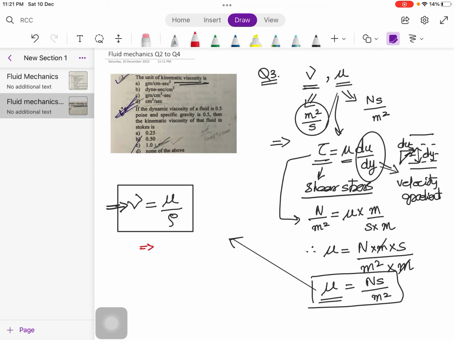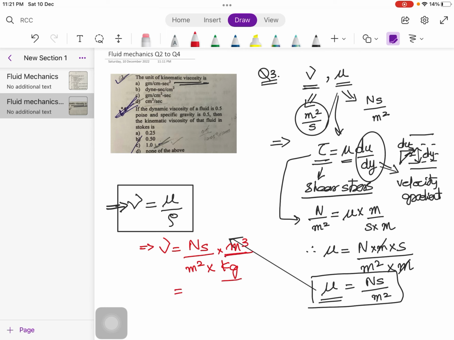Now nu equals, we already have the units for mu, the dynamic viscosity, which is Newton second upon meter square, divided by rho, the density, which is mass per unit volume, that is kilogram per meter cube.